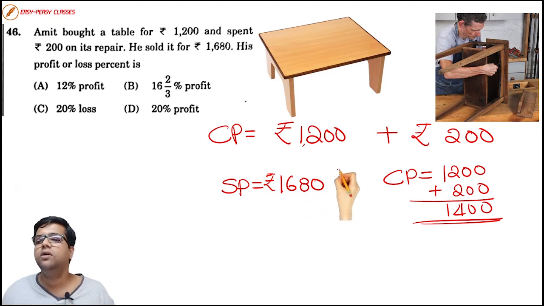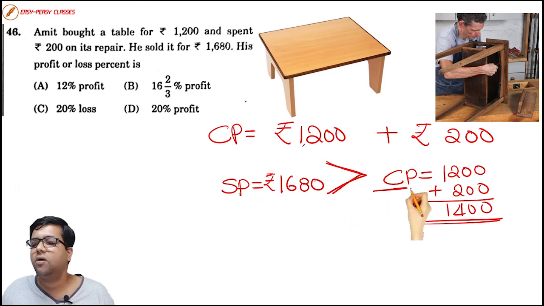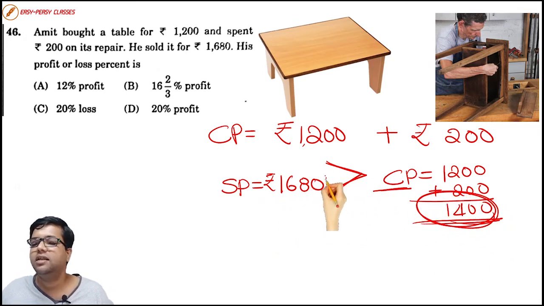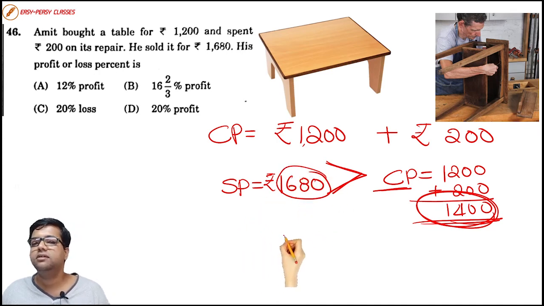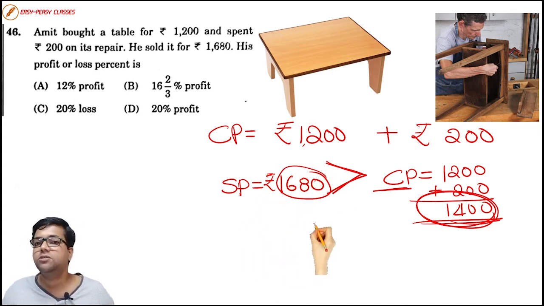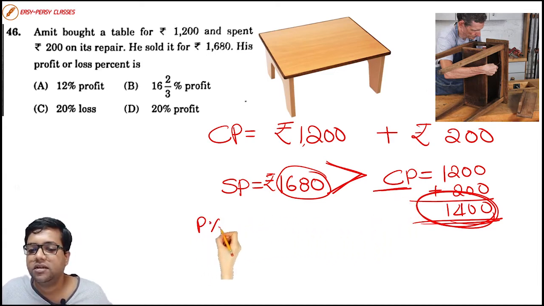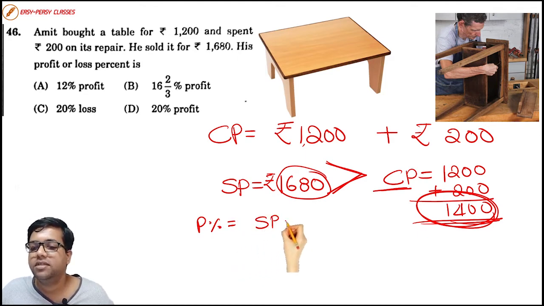You know that selling price is greater than cost price here, because cost price is 1400 rupees and selling price is 1680 rupees, which is greater than cost price. Then definitely he made a profit. So for profit percentage, what is the formula? Selling price minus cost price, divided by cost price, into 100.